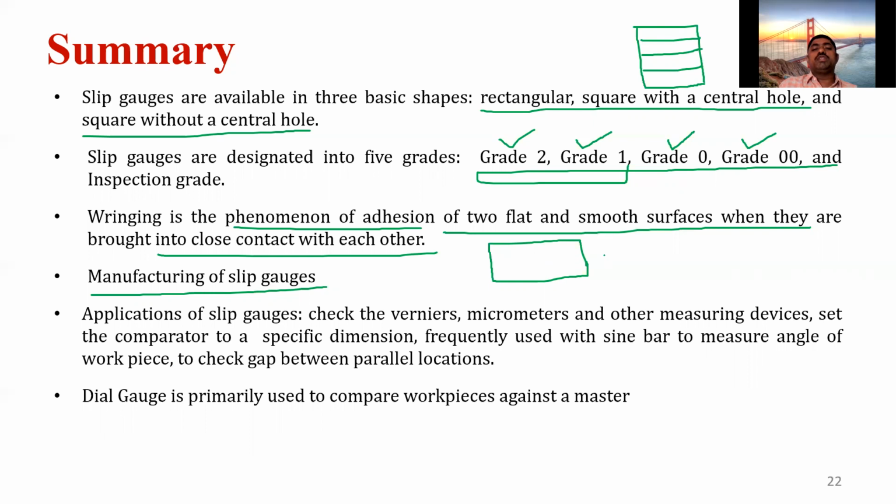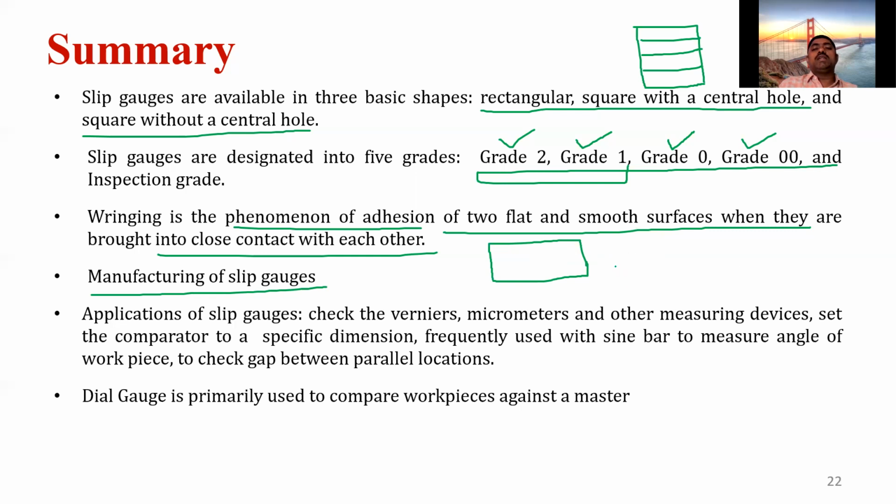We place these 8 slip gauges on the coplanar faces of the lapping magnetic chuck, and then we do the lapping operation on one face of all the 8 slip gauges. Again we do the lapping operation by turning these slip gauges, on the other faces also, with the same lapping operation.